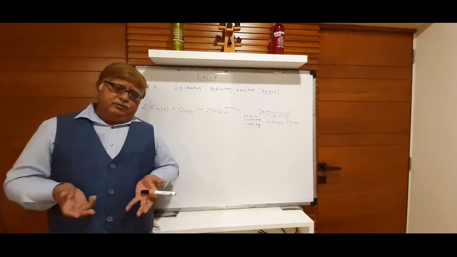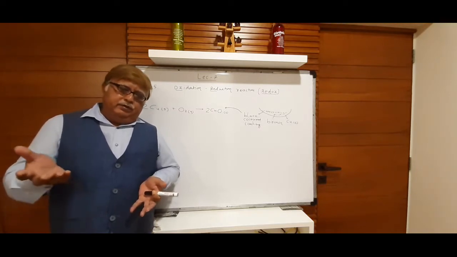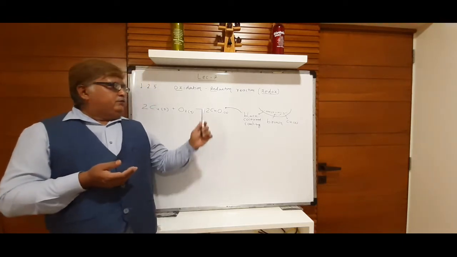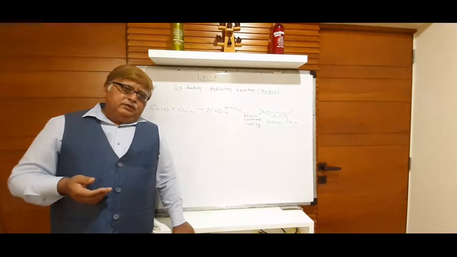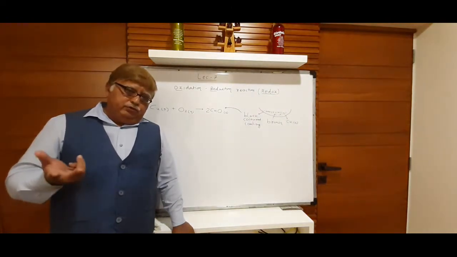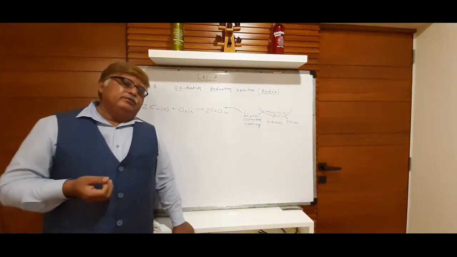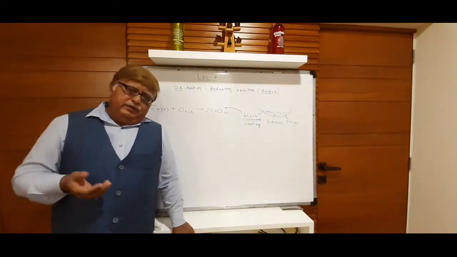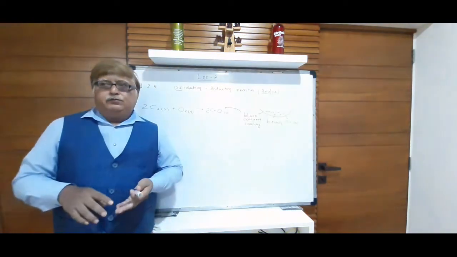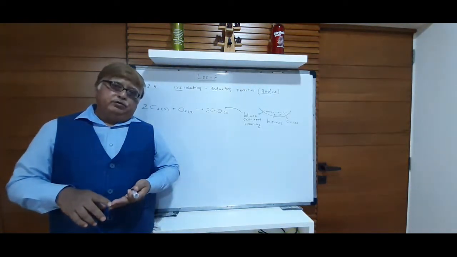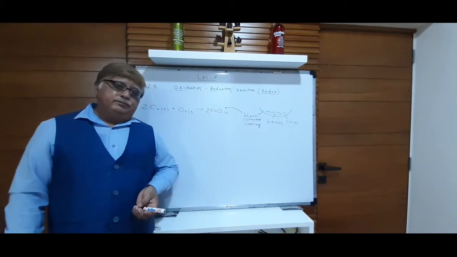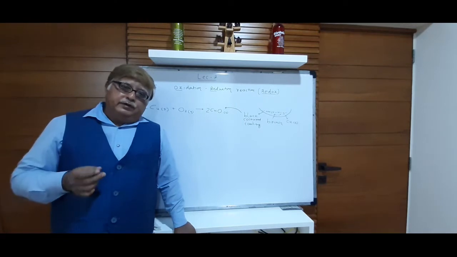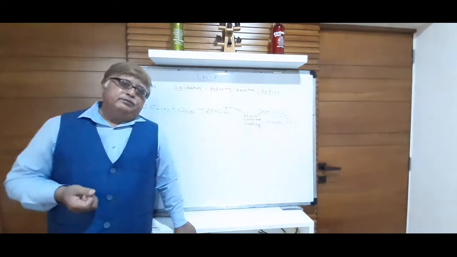Another one, you can note down in your book, first reaction, this is already oxidation. Another I just spoke, 2Mg plus O2 gives 2MgO, oxidation reaction. Another one also you can mention, and we have already discussed, C plus O2 gives CO2, oxidation reaction. Wherever oxygen is added, that is oxidation reaction.